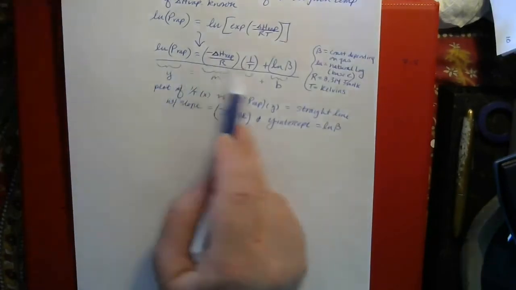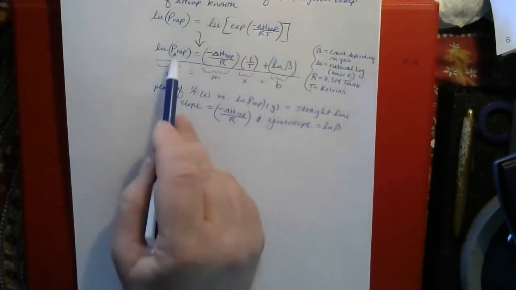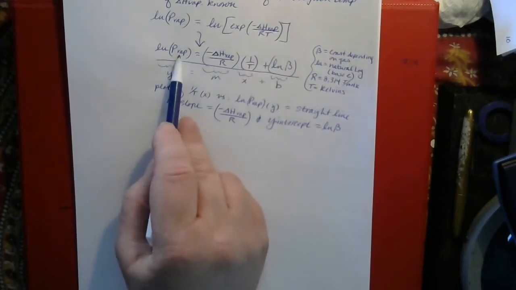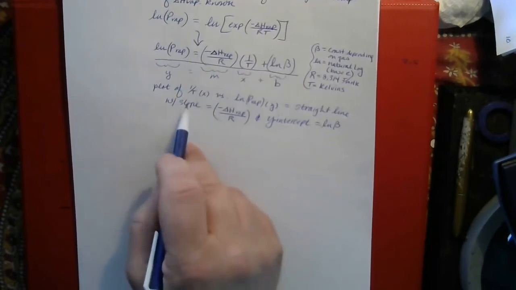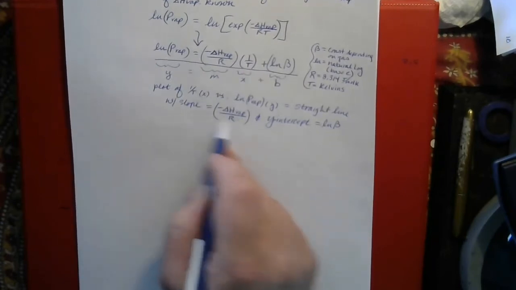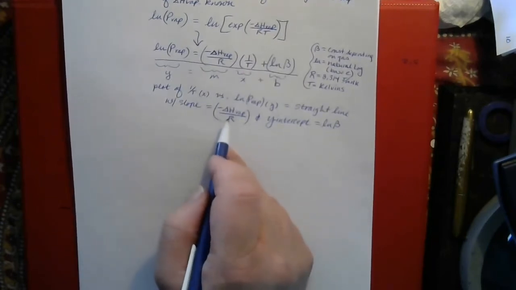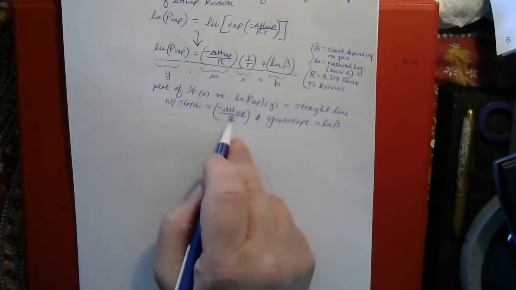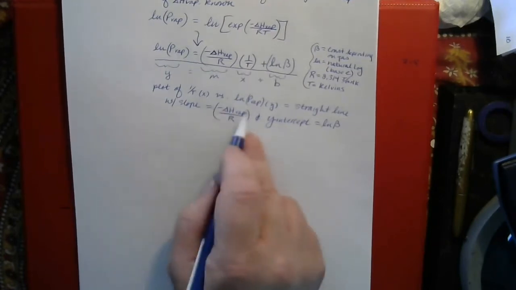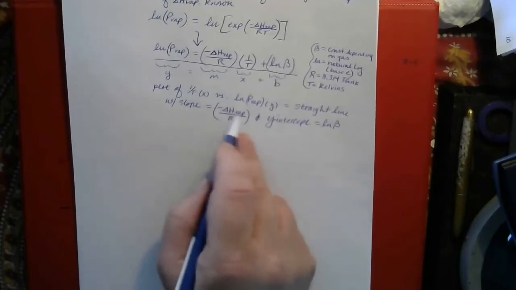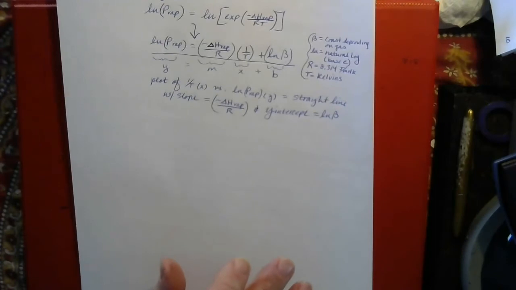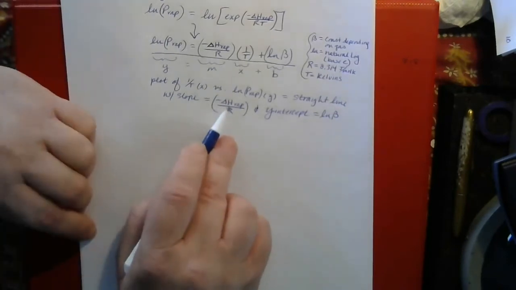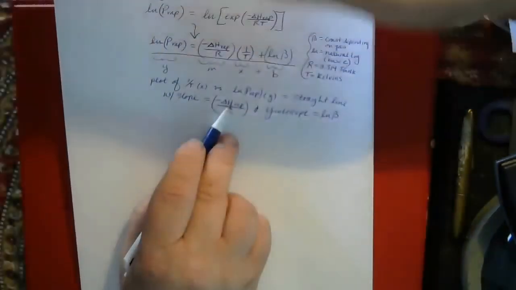And then basically you'll plot the results of natural log of the vapor pressure versus 1 over the temperature. And you'll find the slope of the straight line that results. And you'll take that slope times R, and then you'll change the sign, and you'll have the heat of vaporization. And so that's what it's actually used for most often, is the heat of vaporization.